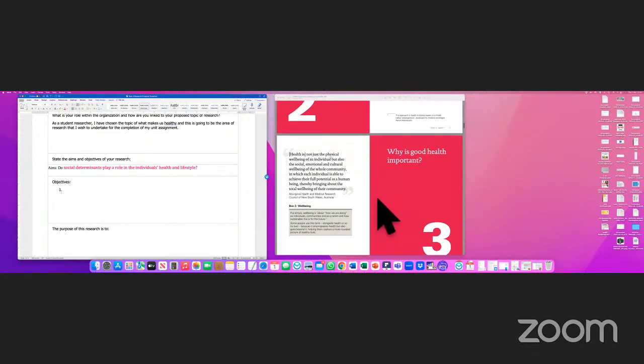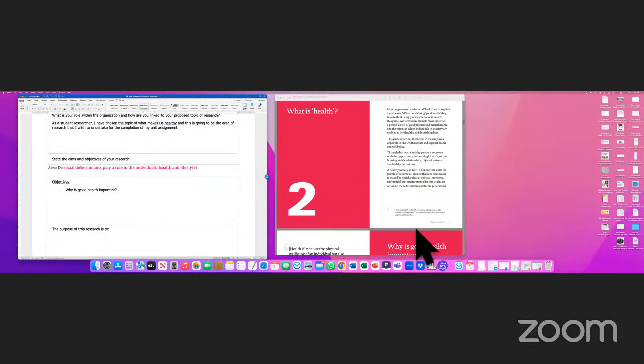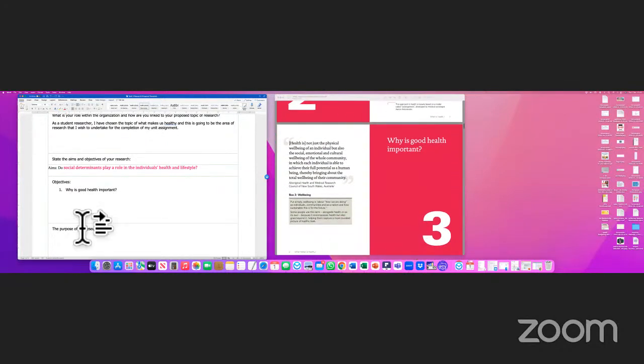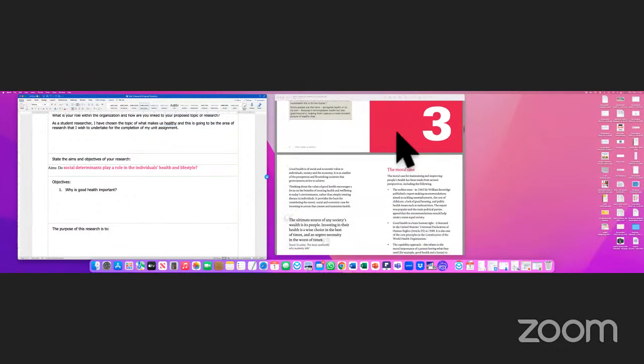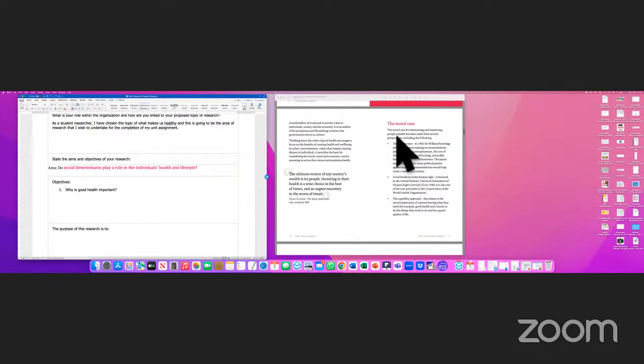So the objectives are going to come from why good health is important, as you can see from some questions raised in the report. So these are the two objectives. Why is good health important? And the moral case formed here is about why the National Health Service in the UK provides these free of cost to members of the public, British citizens.